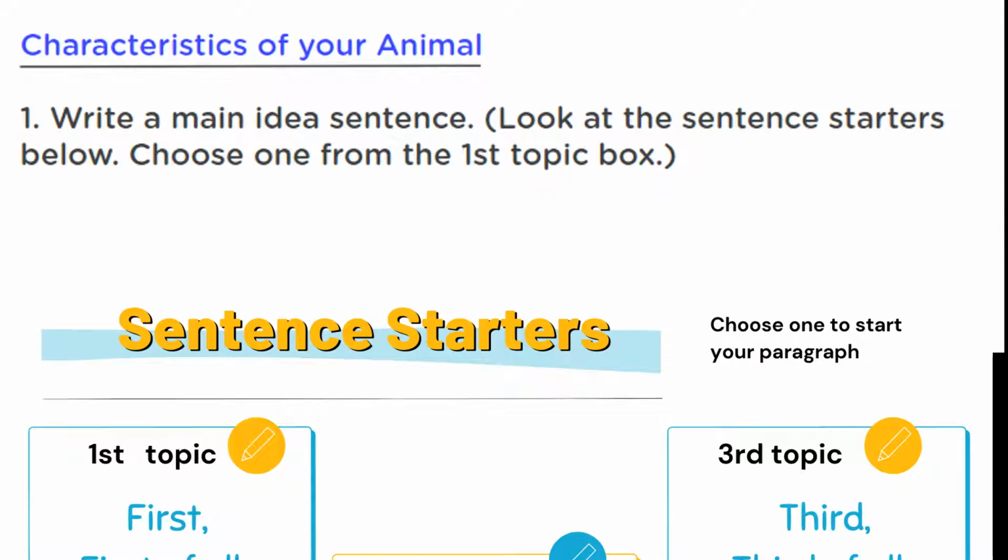So slide 3 is asking you to write a main idea sentence. Notice it's under the topic of characteristics of your animal. This is just like what we've been doing as we've been practicing writing our paragraphs, because each paragraph will have its own main idea sentence. But because we are writing multiple paragraphs in this paper, you can use a sentence starter like in the graph below.